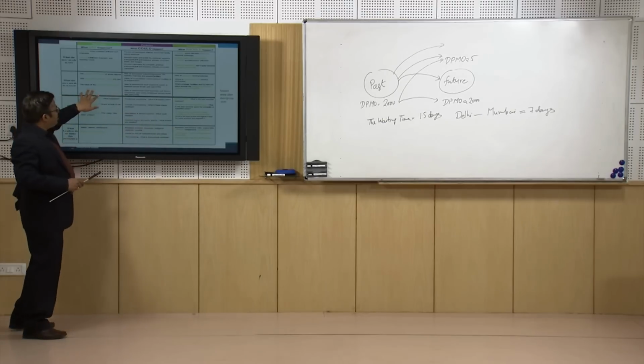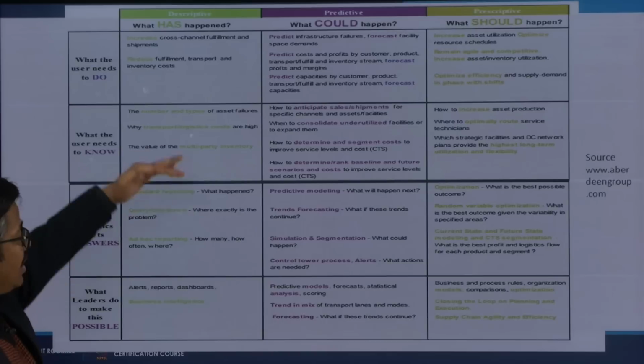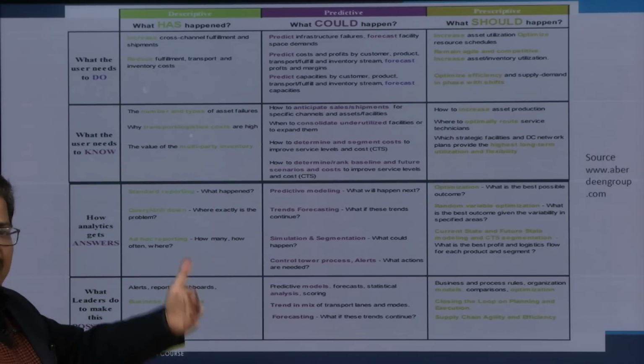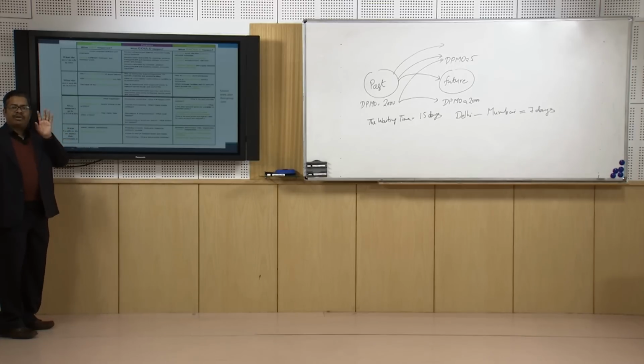So you need to know the value of multi-party inventory, and this list is not exhaustive, by the way. You can add many more parameters, many more items which are very important from your point of view.